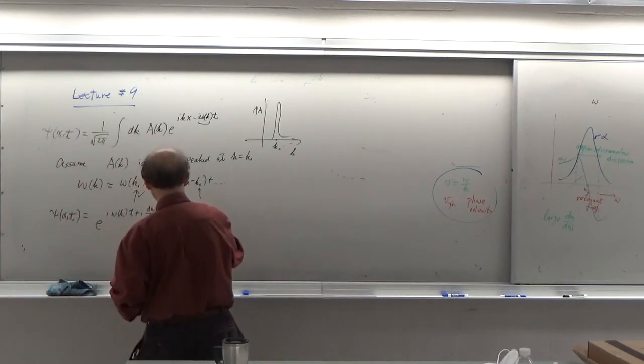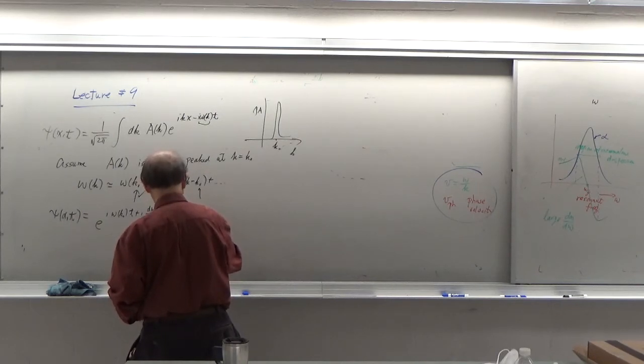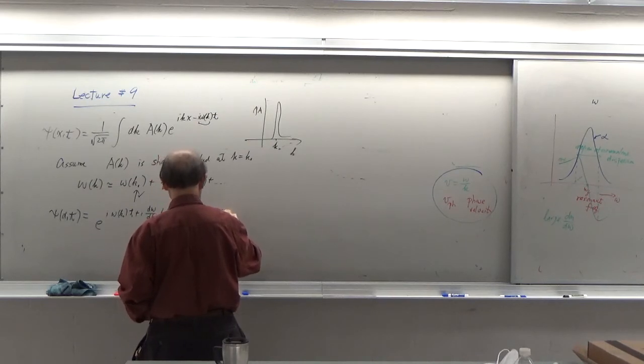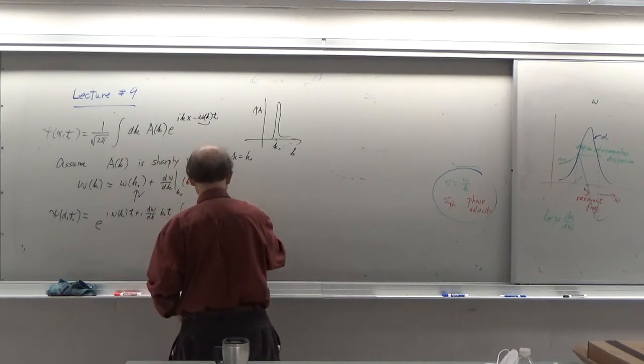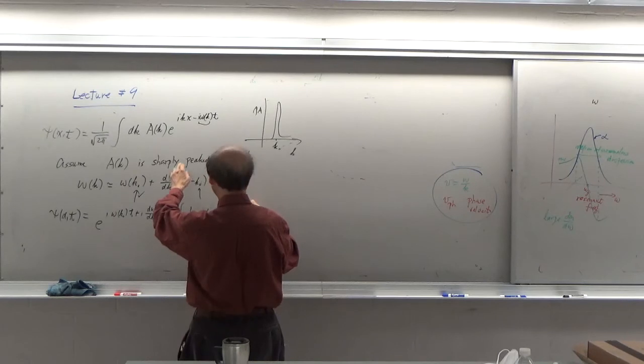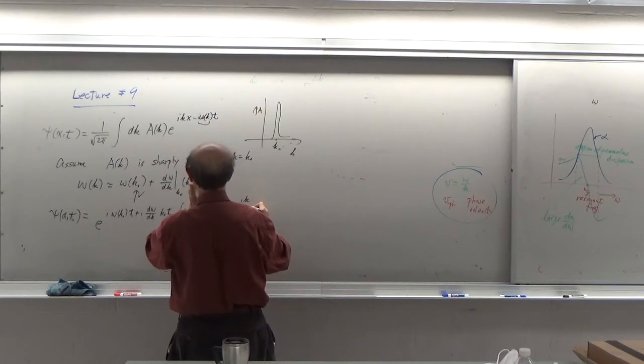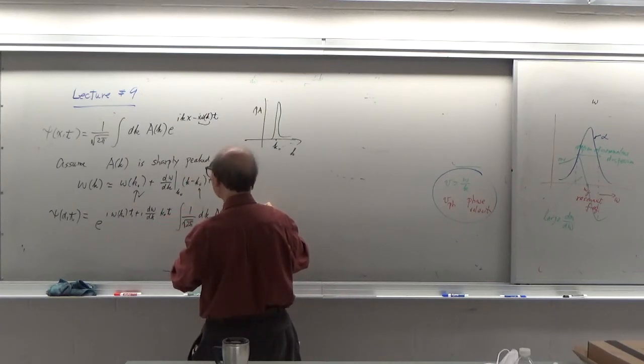And the rest is back here: 1 over square root 2 pi, dk, a(k), what's remaining is e to the i k x.